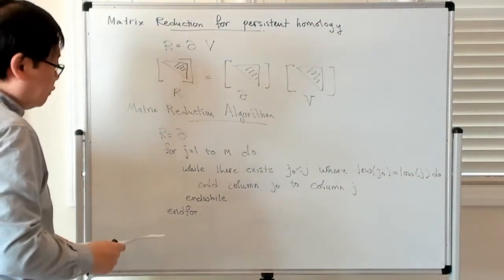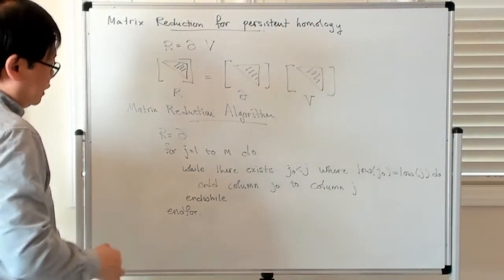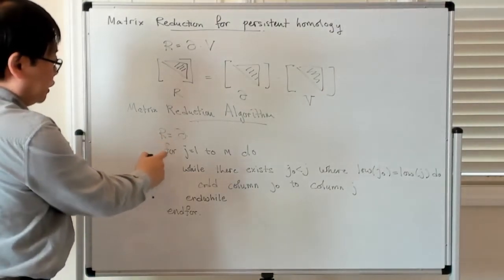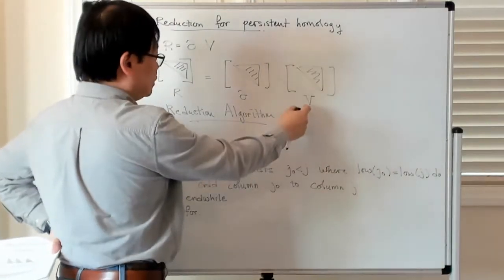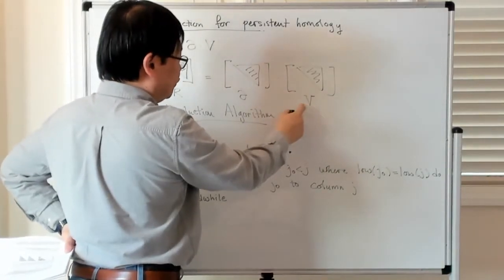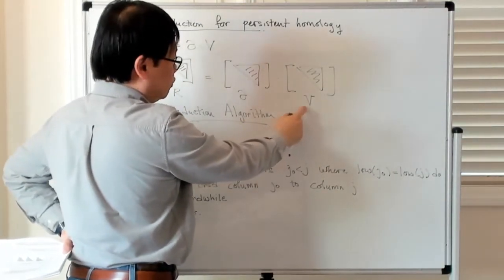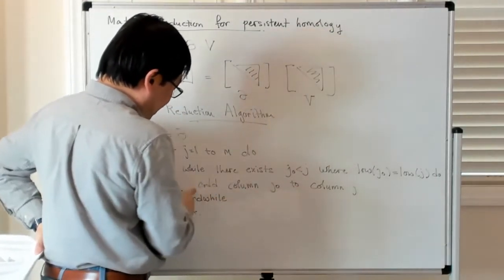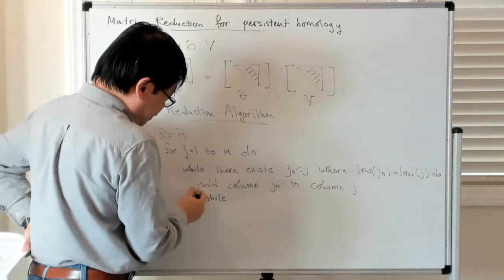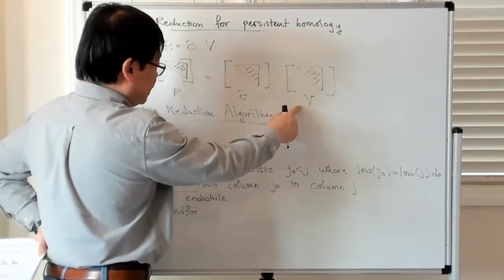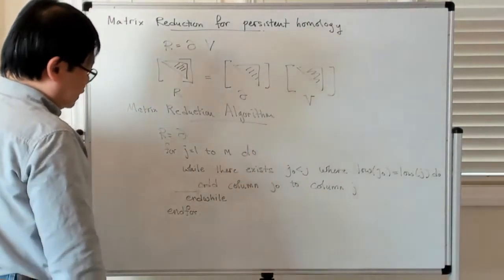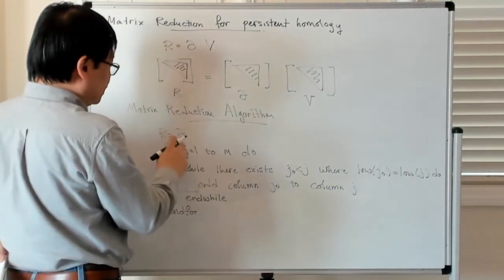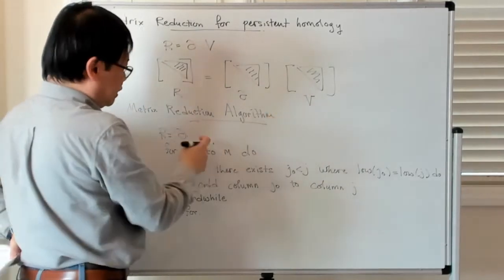And in any case, you end up with this very simple algorithm. Here, of course, we're only operating on R. But if you wanted to know what V is, you can add to this operation an update for what V is. So if you wanted to augment this, R would equal the boundary, and V would start off as the identity.